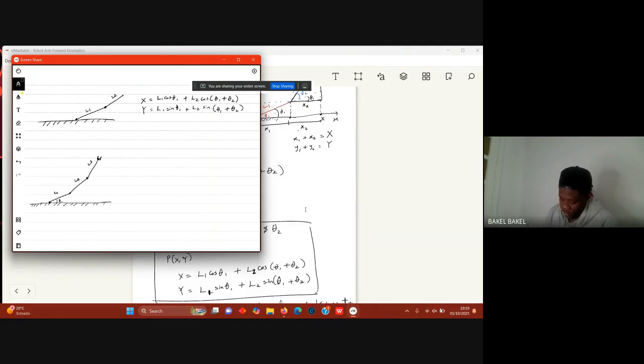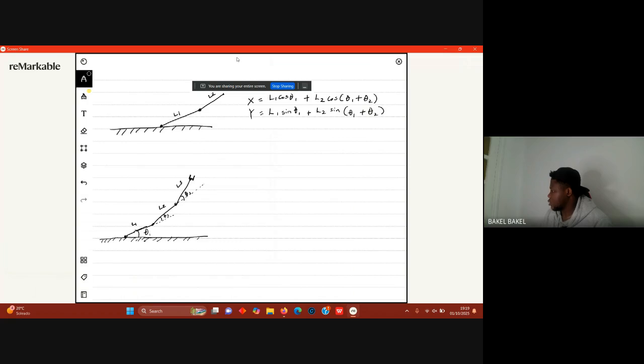Let me make that bigger. We have theta 1. Now this crosses at this point, and this gives us theta 2. This crosses at this point, and this gives us theta 3. So now we have 3 thetas.